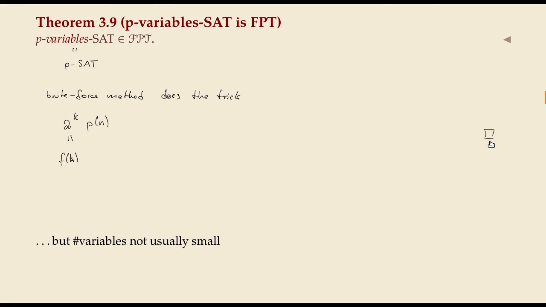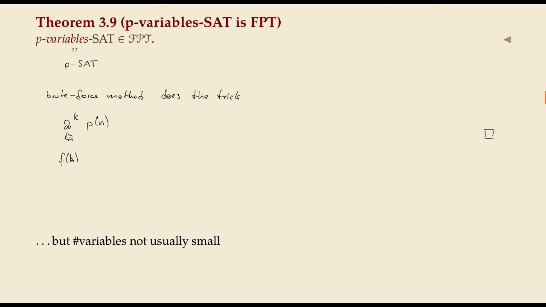One thing is that the FPT class allows very large functions, which makes it sometimes an impractical algorithm, even though it's an FPT algorithm. But here 2 to the k is not as bad. I mean, for sensible k, this would still be a reasonable number. If k is 300, no more, but for small, say 10 or so, this would still work fine.